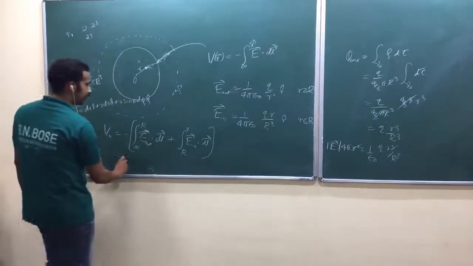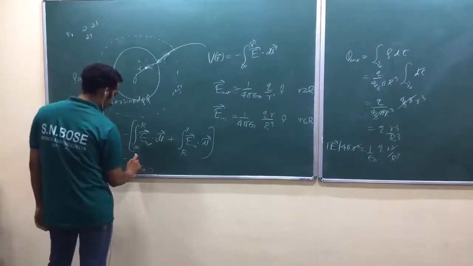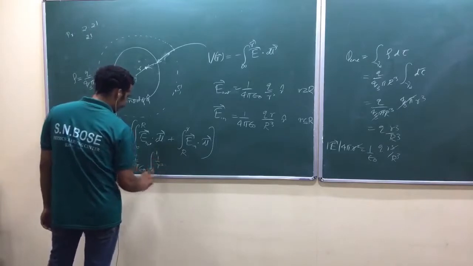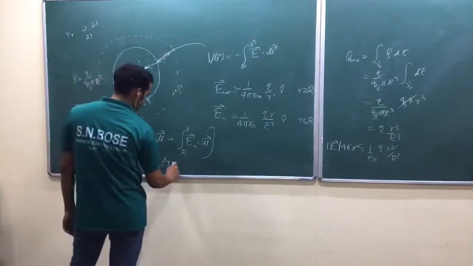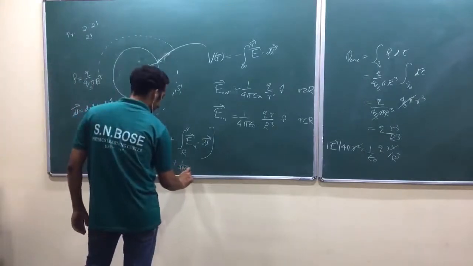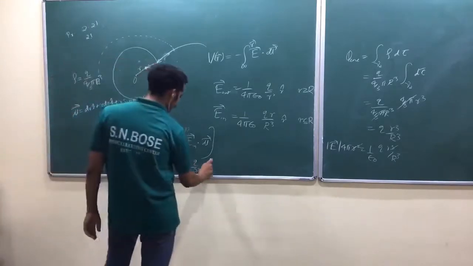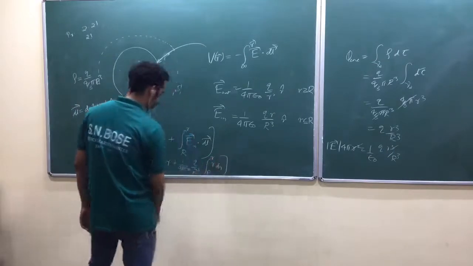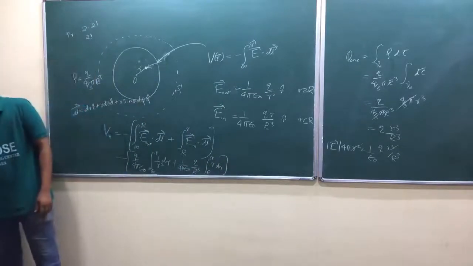So that's why minus, q by 4 pi epsilon naught integral from infinity to R of 1 by r square dr, that is the first part of the integral. So plus 1 by 4 pi epsilon naught q by R cube into integral R to small r of r dr. Check it out. I'm writing the step directly after the dot product.